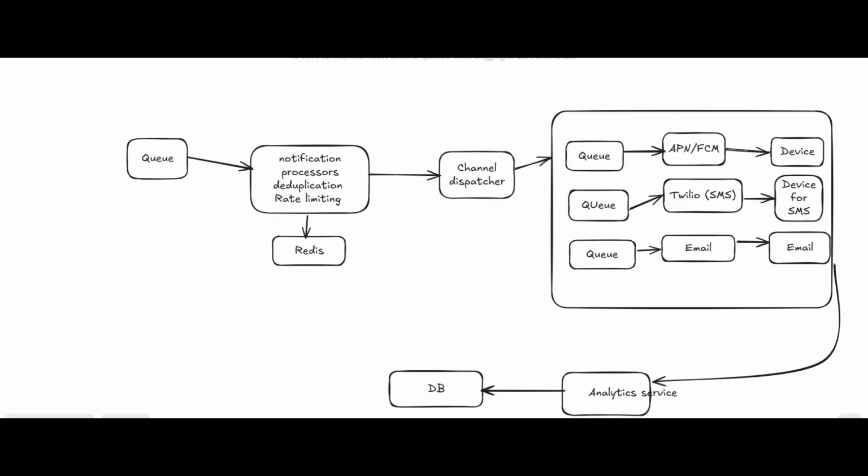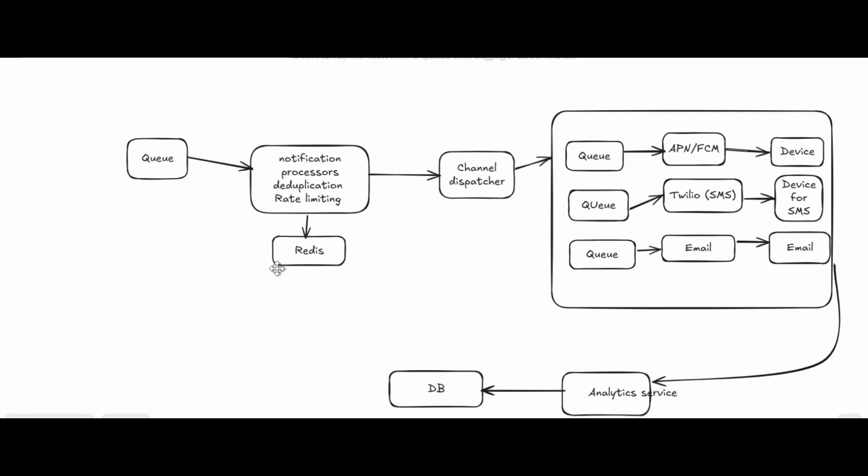Latency is all about how quickly a notification reaches the user from the moment it's triggered. Let's take an OTP flow as an example. User logs in, the system triggers a notification, and within 1 to 2 seconds, the user should receive a push or SMS. Here is how we keep that fast. We use queues like Kafka or RabbitMQ to buffer without blocking.